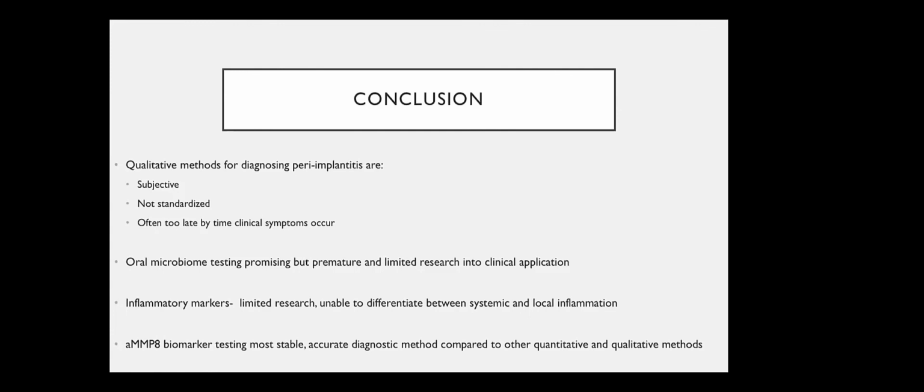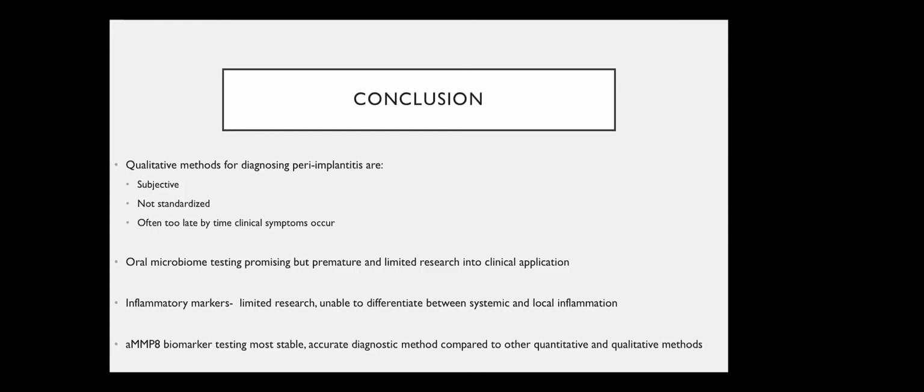And lastly, aMMP-8 biomarker testing, in my opinion, is one which has had over 500 published papers. There's a lot of research that's been going into it, and it's showing that aMMP-8 is the most stable, most accurate diagnostic method compared to other quantitative and qualitative methods. Using the biomarker testing, this is what I use myself in the practice now.